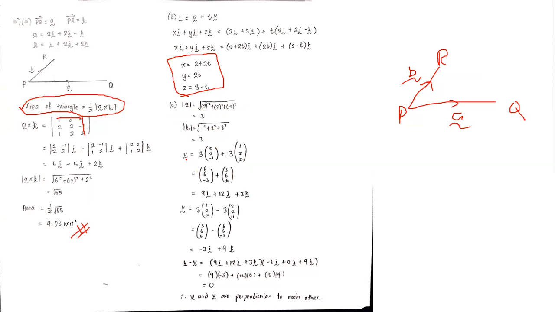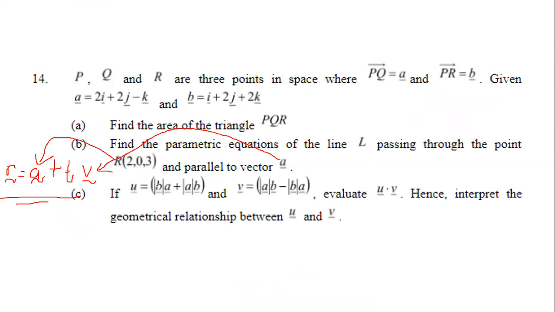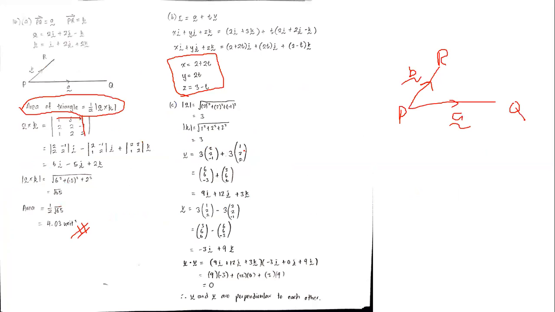So we see vector U. Vector U is the magnitude of B times vector A plus magnitude of A times vector B. So we can use the matrix layout to represent i, j, and k.